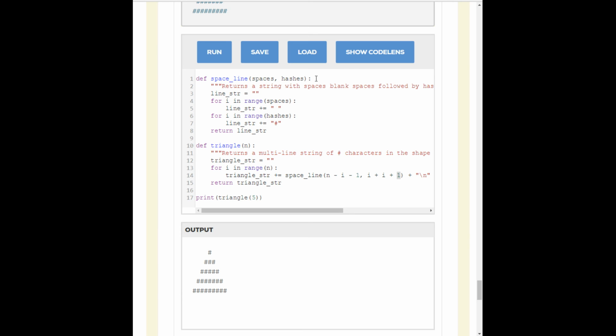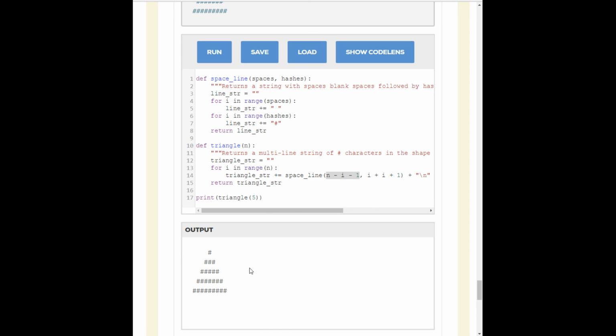Just make sure that you use your spaceline function and then walk through to get this. I know it's complicated to try to figure out the actual algebraic equation, the algebraic sentence that you need to use to get the right number of spaces and the right number of hashes.